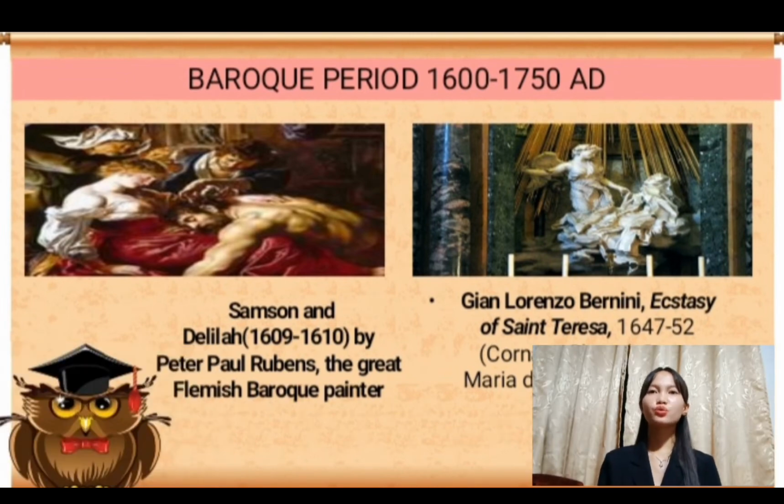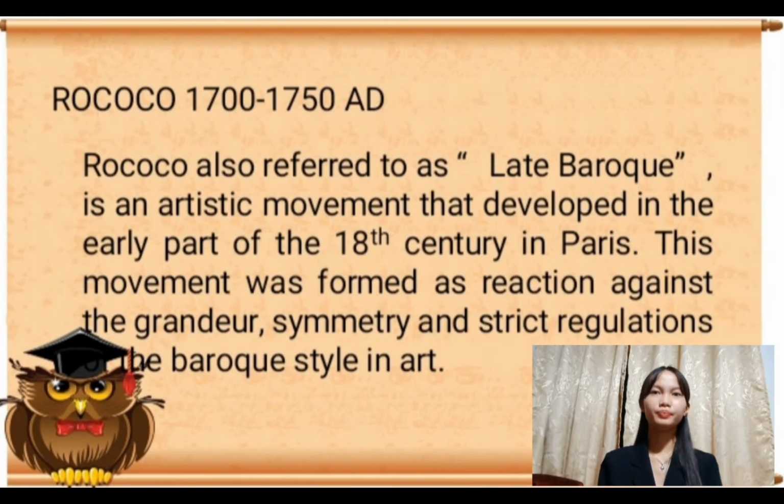Okay, the next one we have here is Rococo. Rococo, also referred to as the late Baroque, is an artistic movement that developed in the early part of the 18th century in Paris. This movement was a reaction against the grandeur, symmetry, and strict regulations of the Baroque style in art.